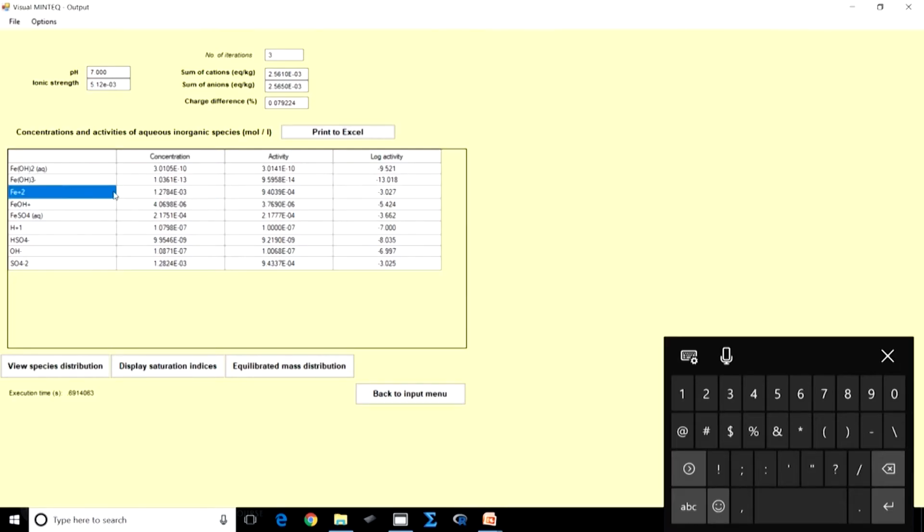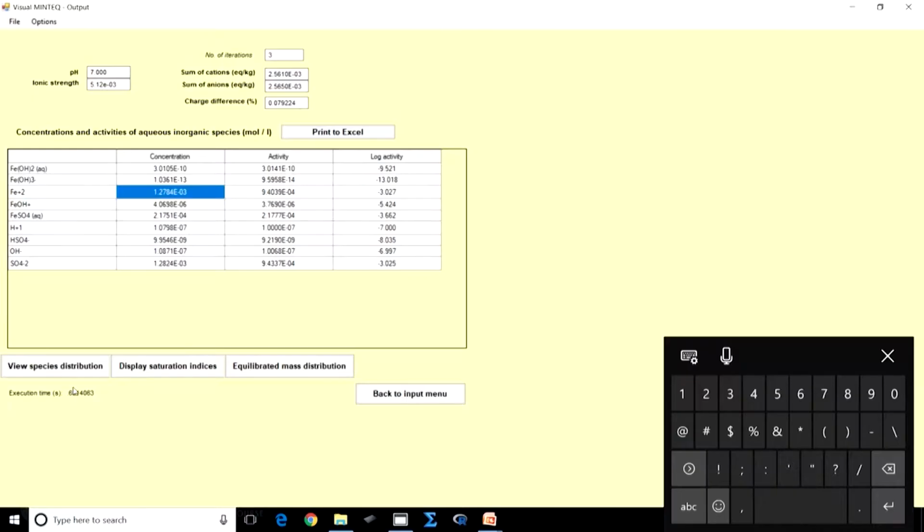So anyway, that is fine. Most of it stays as Fe2 plus, and we have relatively little formation of the complexes, either in the form of FeOH, FeSO4, Fe(OH)3, and so on. The concentration of the complexes is almost negligible. But here I am not looking at complexes, I am trying to look at the amount of solid that is going to be formed, let us see.